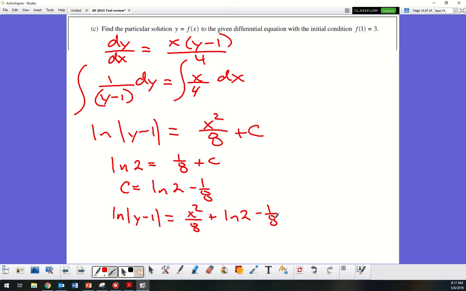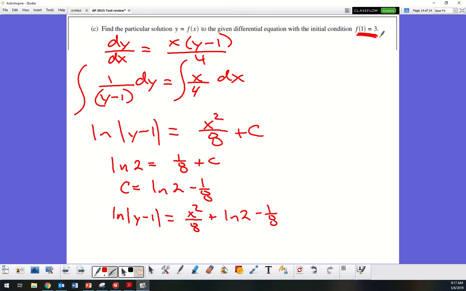Now, for this one right here, I need to try and get it to be y equals, and I can get rid of my absolute value because it's going to give me positives. So I don't have to worry about negatives in my y's.